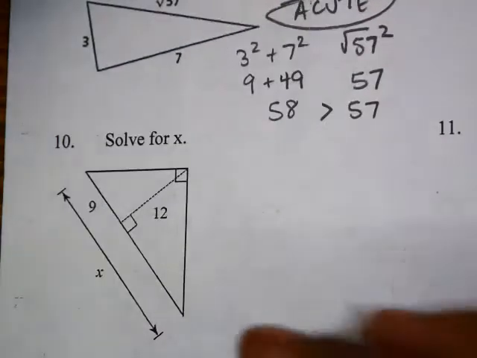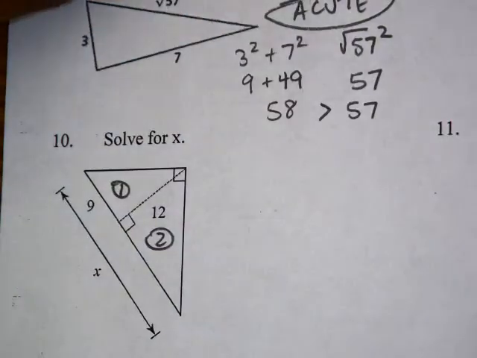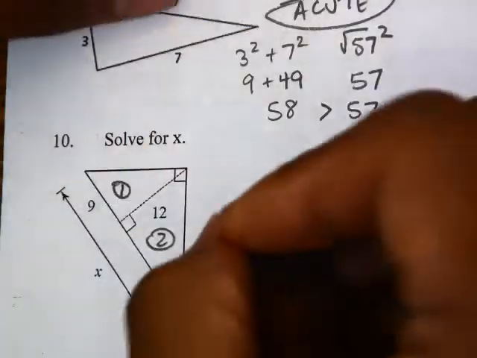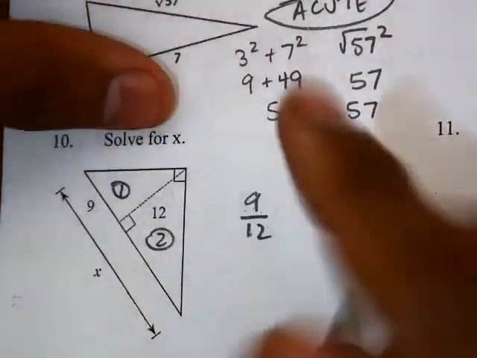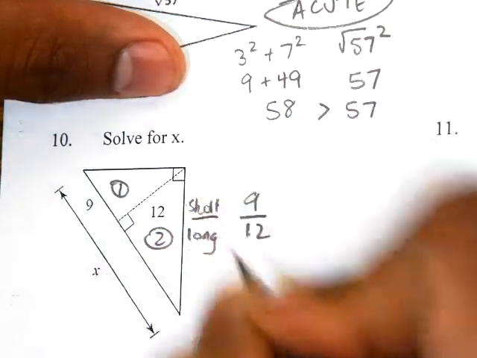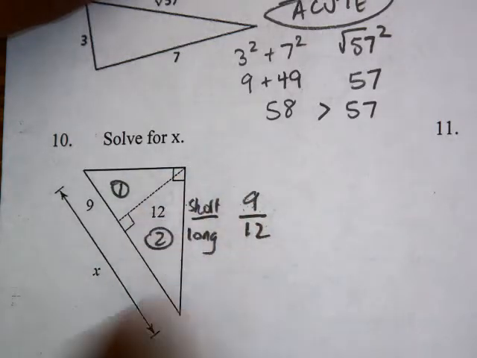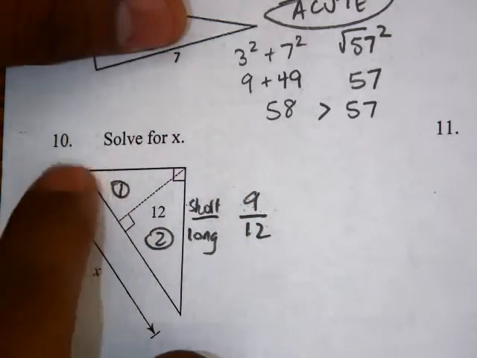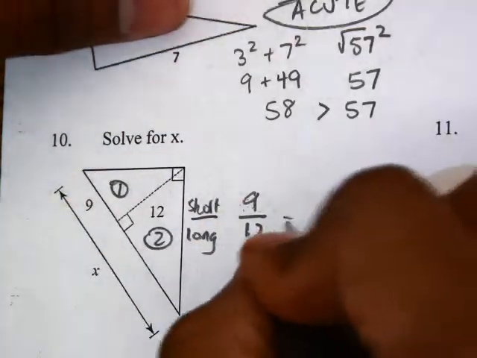In number 10, same deal. Triangle 1, triangle 2. So in triangle 1, I have 9 and 12 in the same triangle. 9 is the shorter leg, obviously, and 12 is the longer one, because 12 is longer than 9. Let's look at triangle 2, because in the big triangle there's no short leg or long leg, so I need to work exclusively with triangle 2.